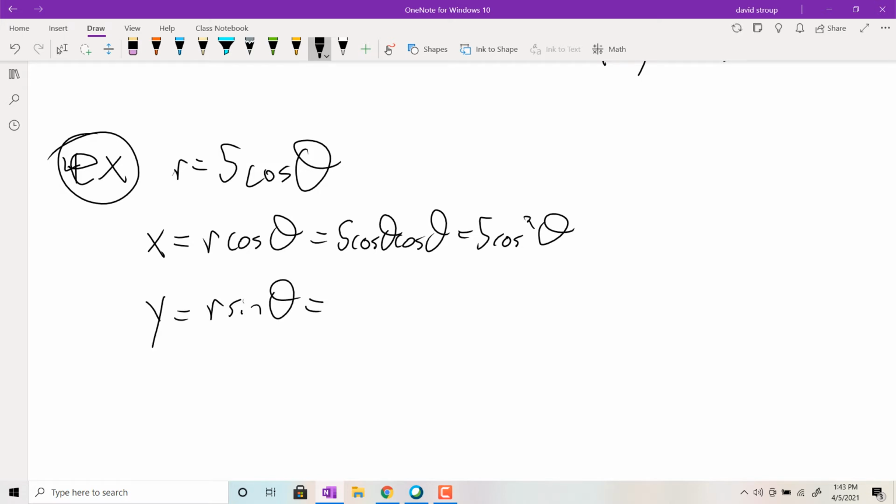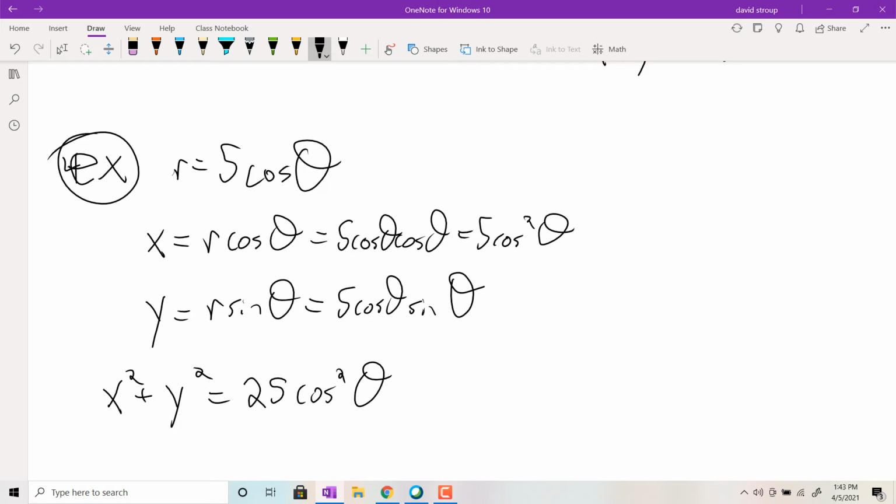So plugging in 5 cosine theta for r, I get 5 cosine theta sine theta. For a second, let's think about x squared plus y squared equals r squared, right? In our case, that would be 25 cosine squared theta, right? It's just subbing r into the Pythagorean formula above, x squared plus y squared is r squared.